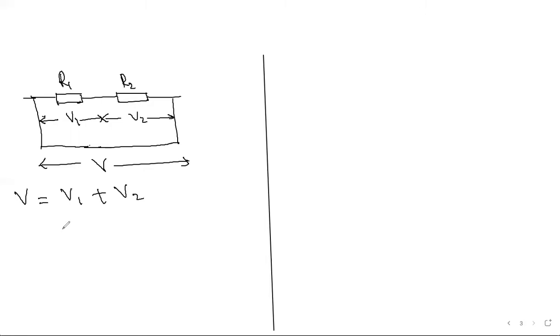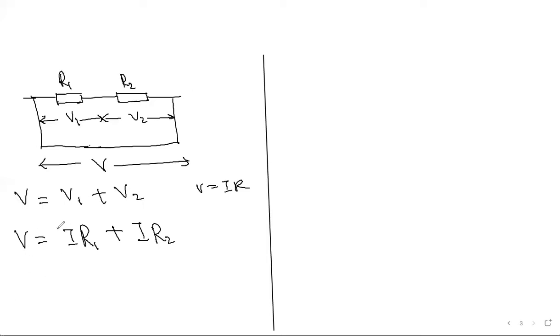If I know the resistances, I can use Ohm's law, V equals IR. Replacing that here, V1 will be I R1 because the same current flows through them, so I keep the I for both, and V2 will be I R2. The current that flows through this is the same as the current that flows through the entire circuit.